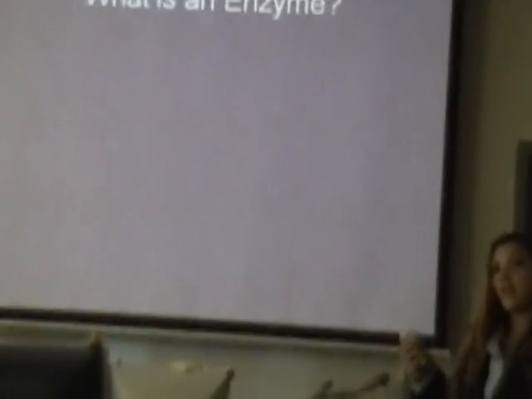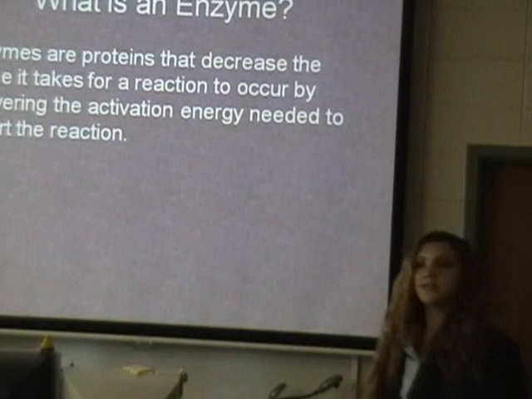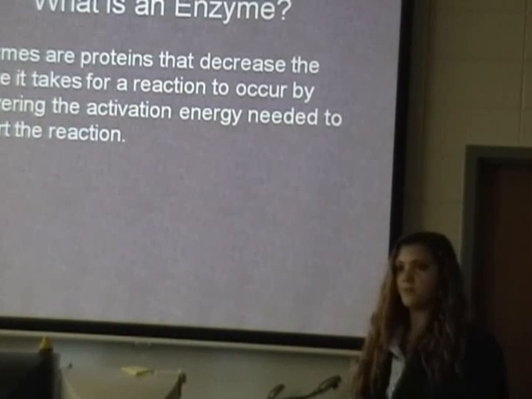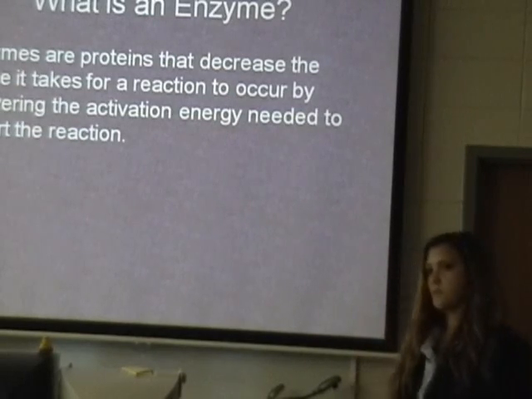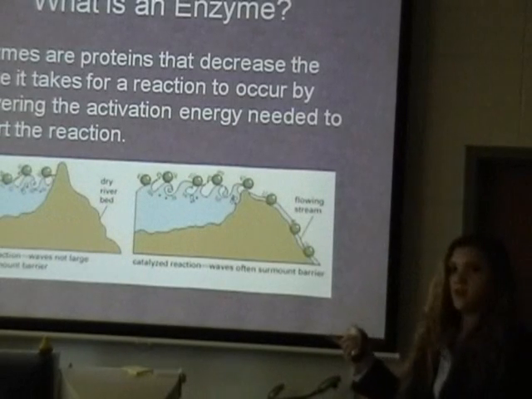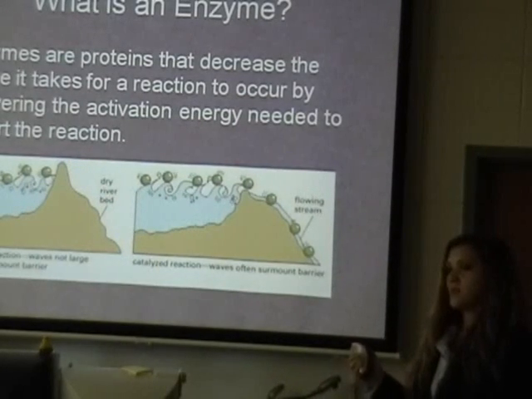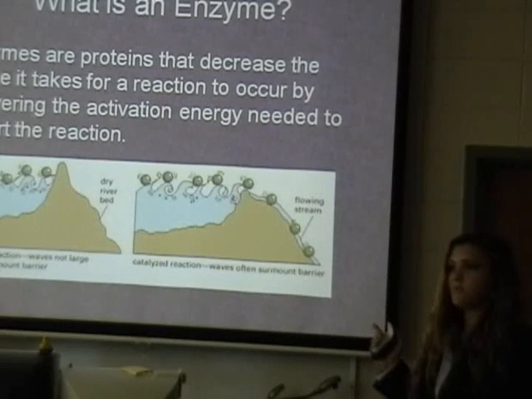What is an enzyme? All enzymes are proteins, and they decrease the time it takes for a reaction to occur. Reactions occur with a lower activation energy. Here's an analogy. The first picture is an uncatalyzed reaction without an enzyme, and the next picture is a catalyzed reaction with the enzyme.